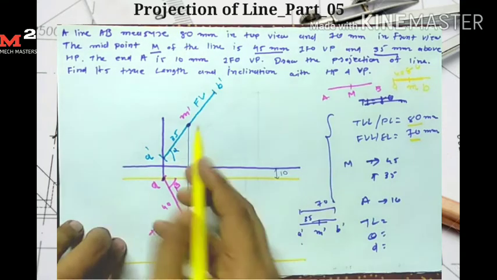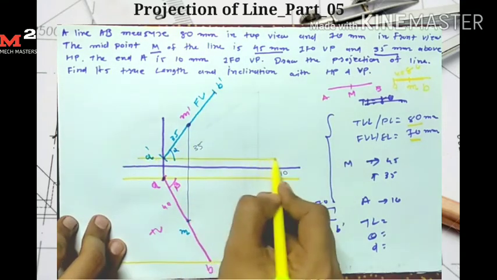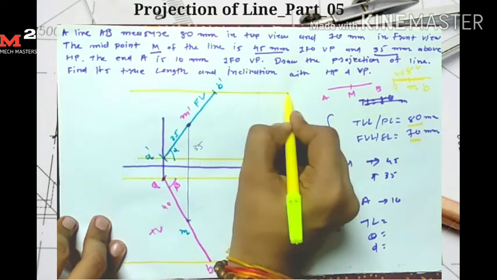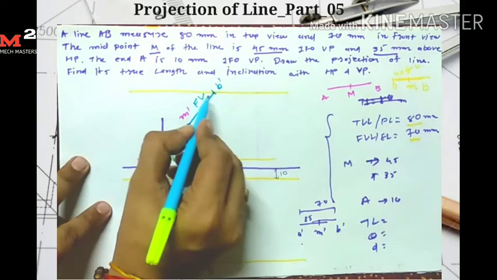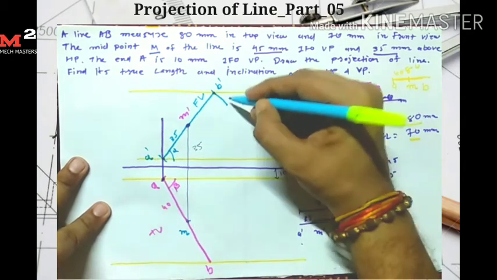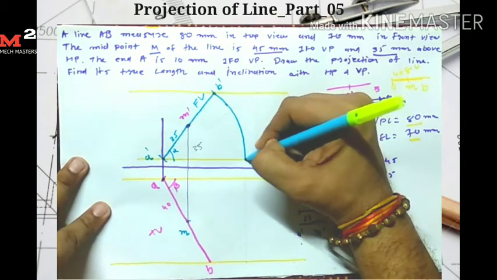So here first I draw the locus of A dash and the locus of B dash. So now we have all four loci. Now from the front view length we require to find the true length. So from the front view length I draw one arc which intersects at here.